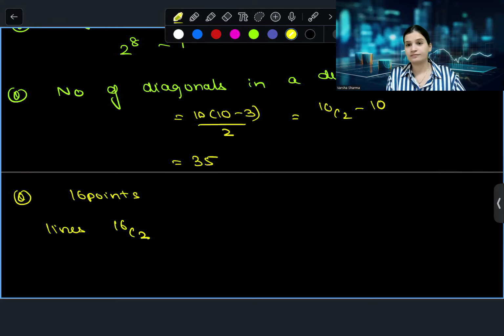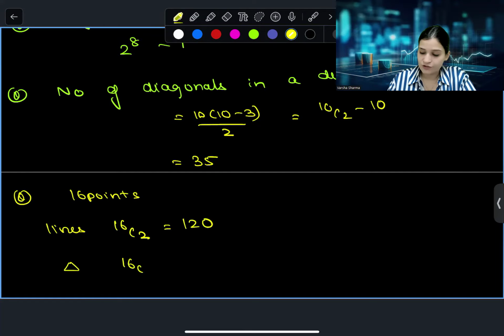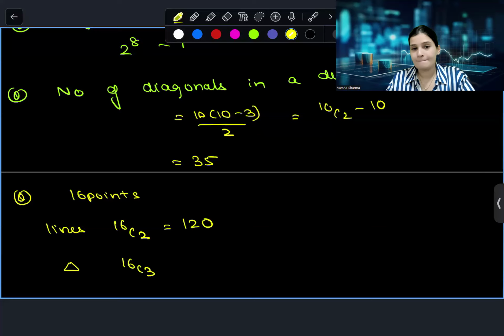Calculate. Answer: 120. How many triangles? 16C3, which is 560.